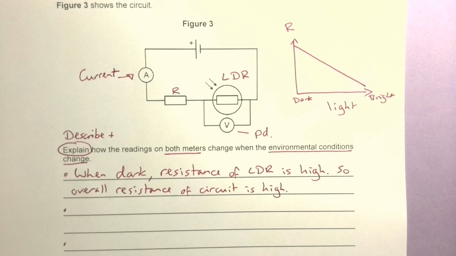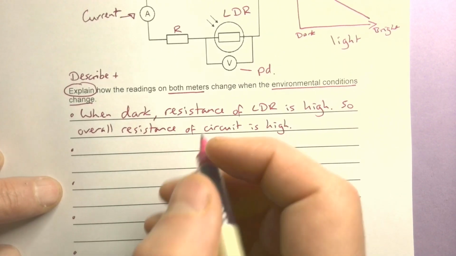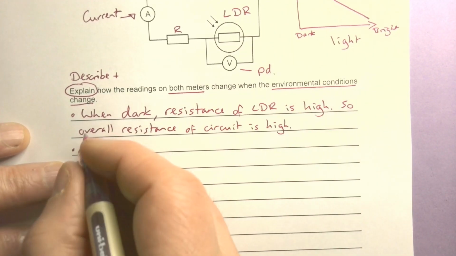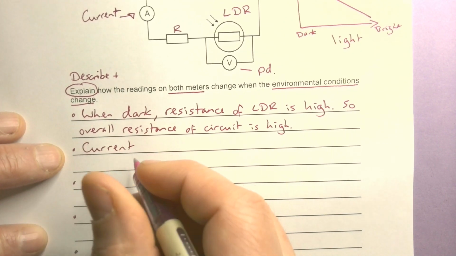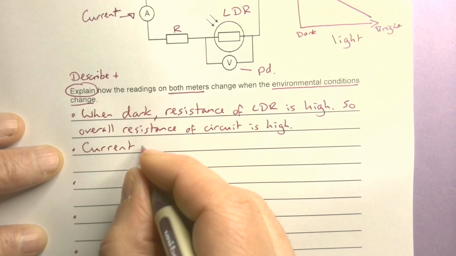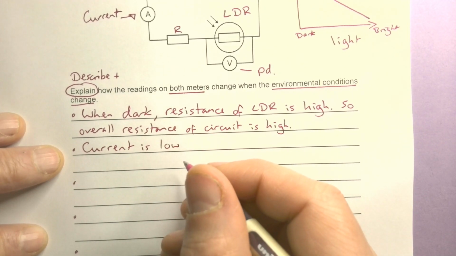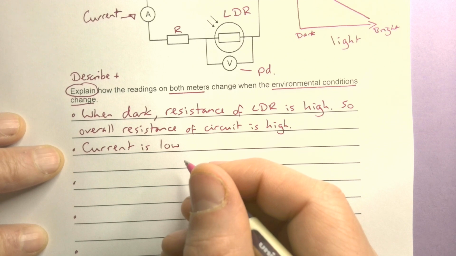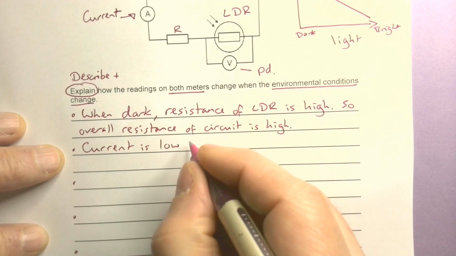Okay, so because of that, what's going to happen? So here it's high, therefore the current is low through ammeter.